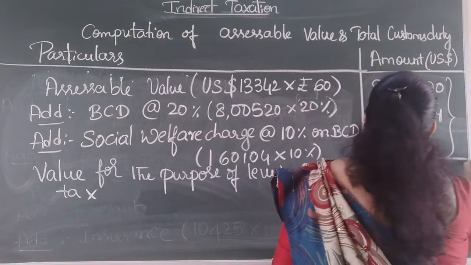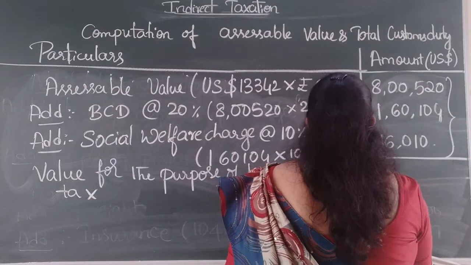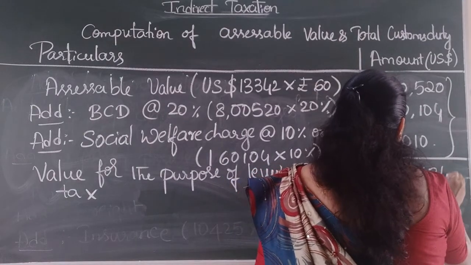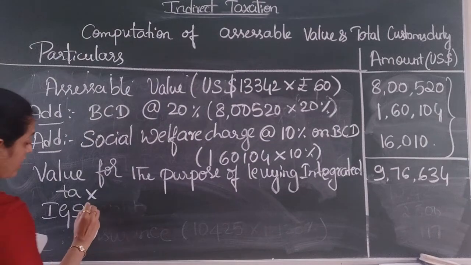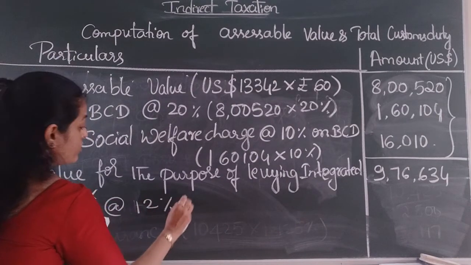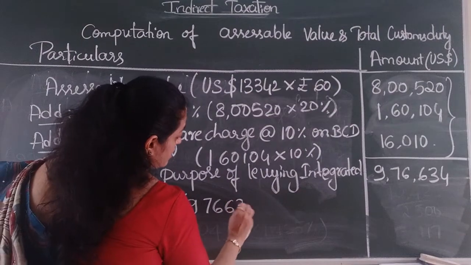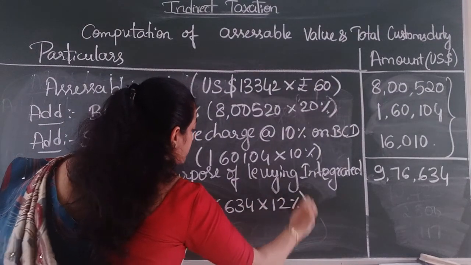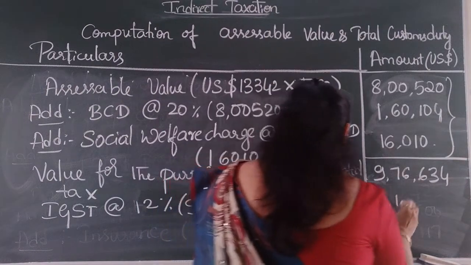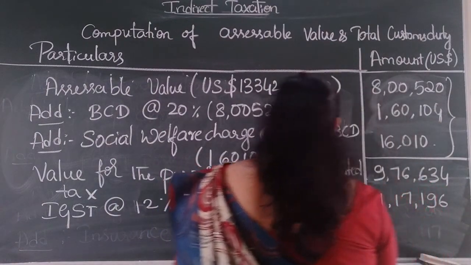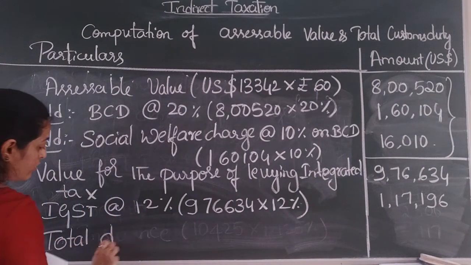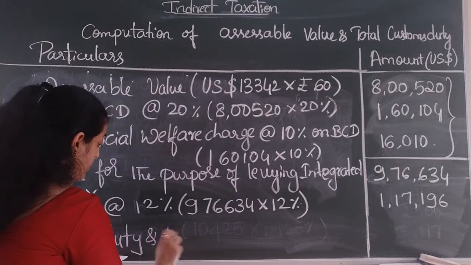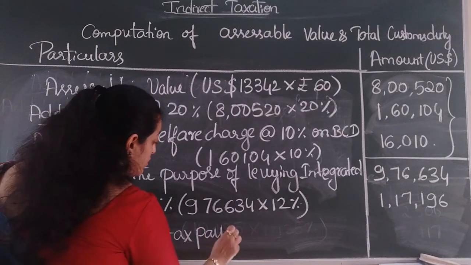You will get the value as 9,76,634 as the value for the purpose of levying integrated tax. So IGST percentage given at 12%. So 9,76,634 into 12% means 1,17,196.